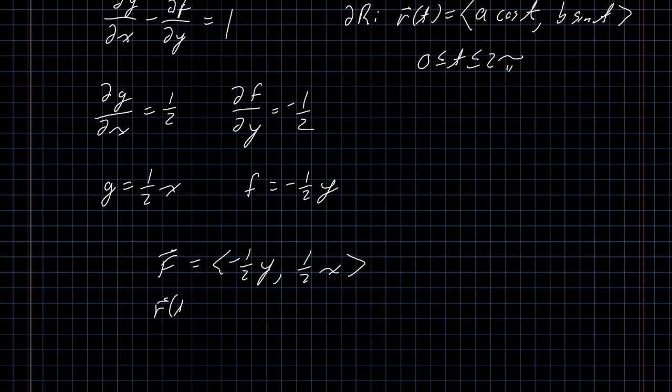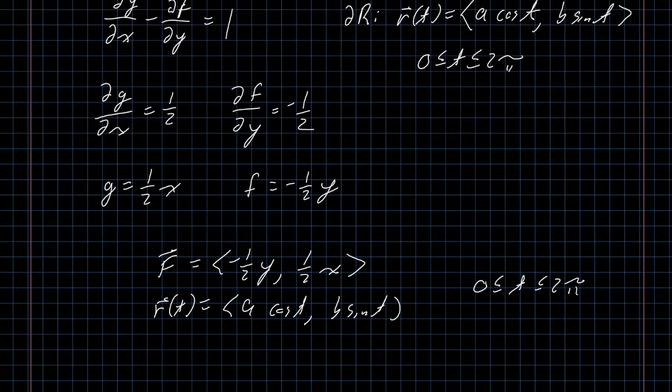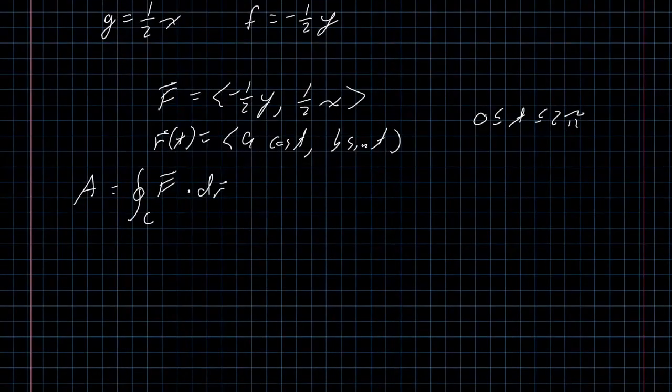My r of t is a cosine t, b sine t, with 0 less than or equal to t less than or equal to 2 pi. And my area has now become the closed path integral of f dot dr. All right, so my x component, -1/2 y dx.